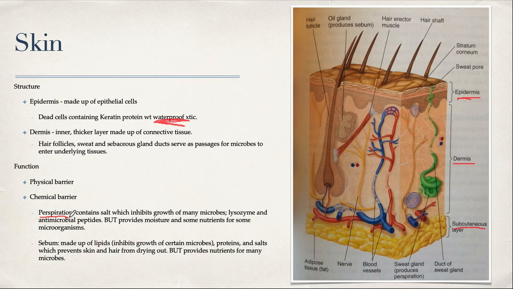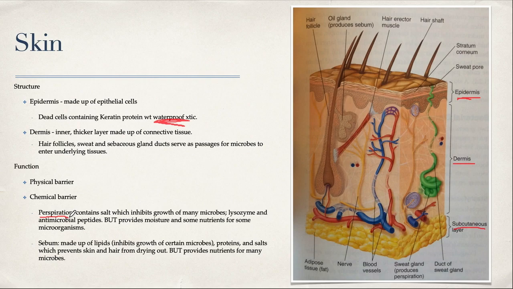But in addition to that, the sweat serves other functions. It's made up of a high concentration of salt, which would inhibit the growth of a number of microorganisms that are potentially pathogenic. In addition to that, they have lytic enzymes in them and some antimicrobial peptides that also inhibit the growth of other organisms.